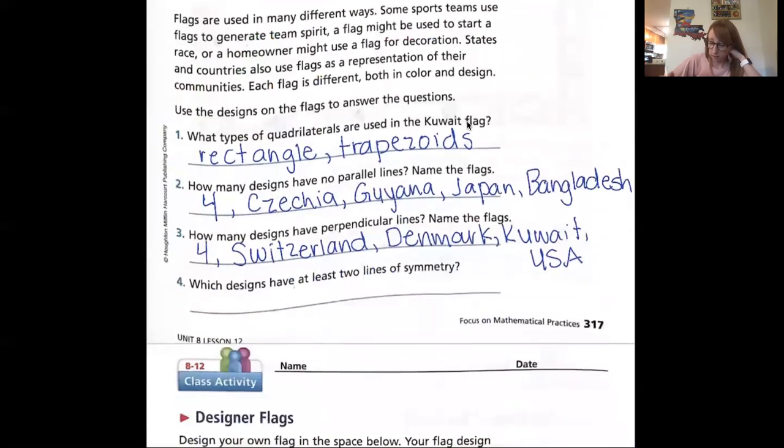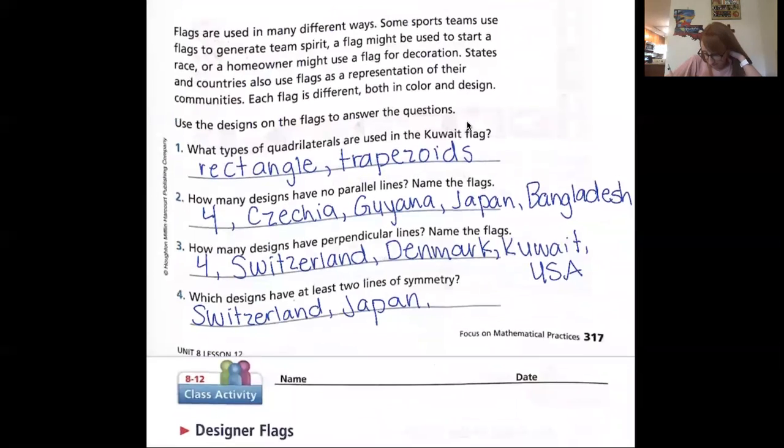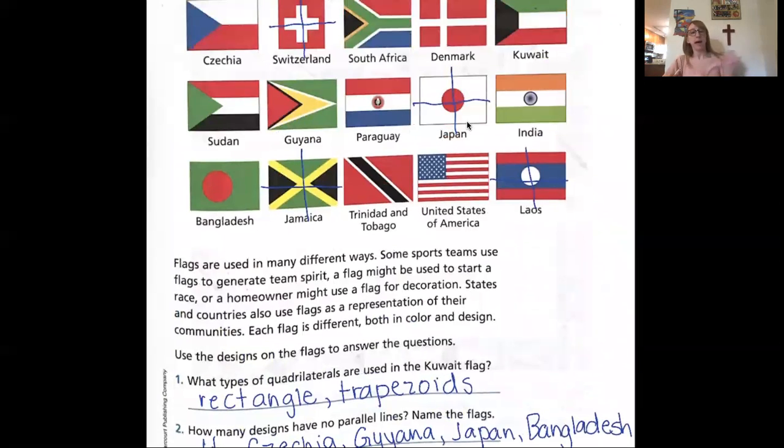So we will put those down here. Switzerland. Japan. Jamaica. Laos.